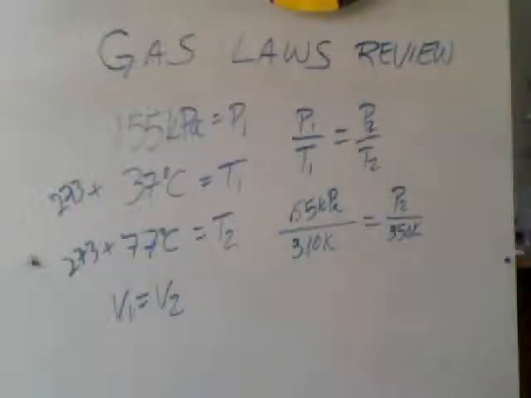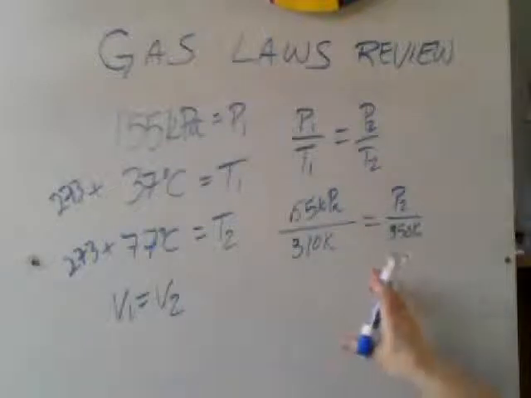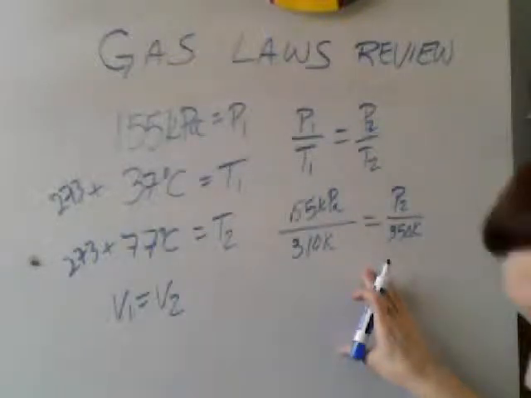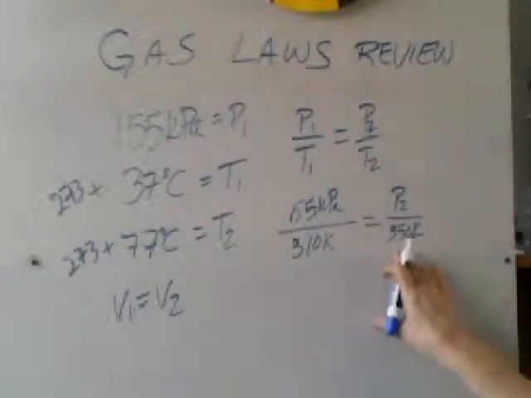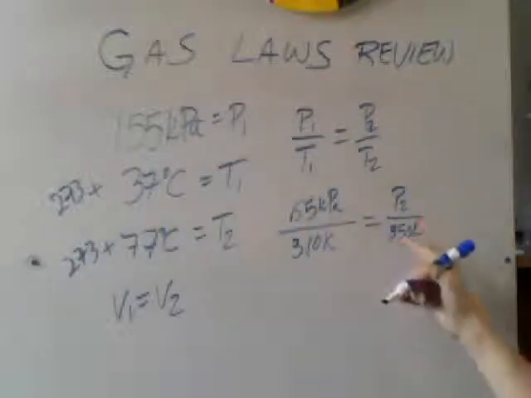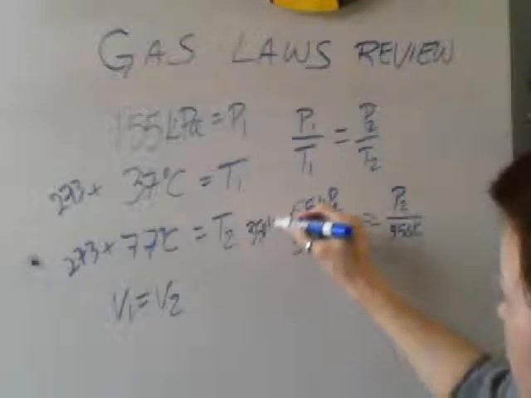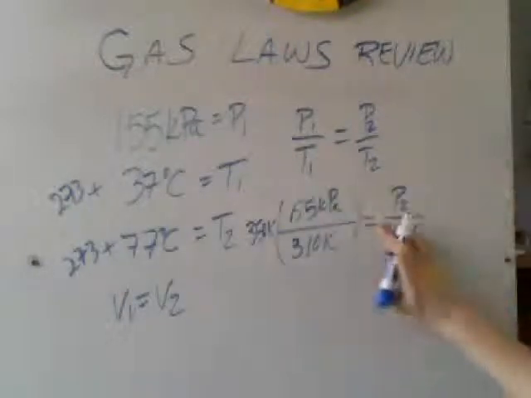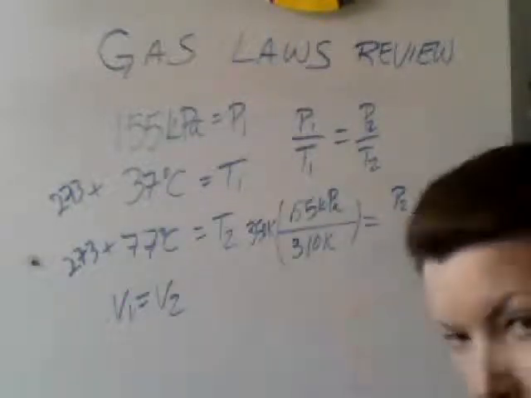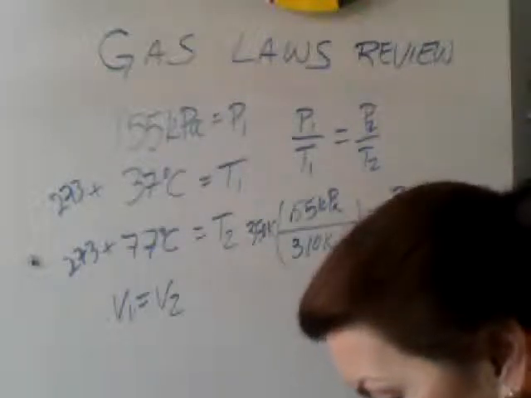When we have our fractions, you have to be very careful with your algebra so that you do it correctly. In order to get this out of the bottom, you're going to multiply both sides by that, so you can put your 350 up here, multiply it by that, and that will give you your pressure.